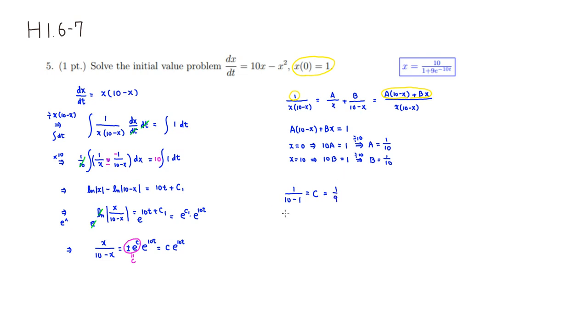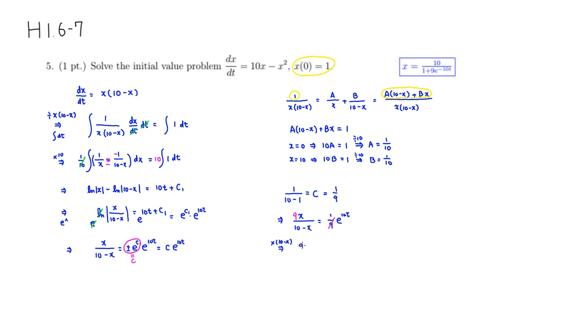Alright, so we have this equation, x over 10 minus x is 1 over 9 e to the 10t. Now I'm going to multiply both sides by 9, so that cancels out, so you have a 9 here. And then you can multiply both sides by 10 minus x.